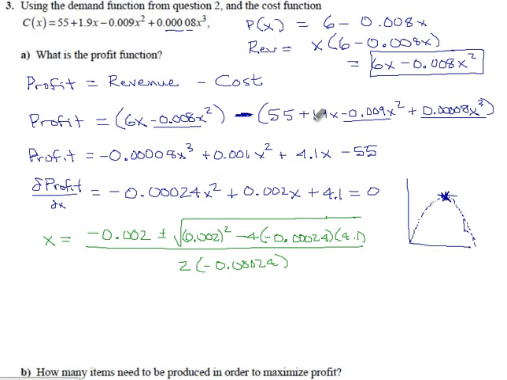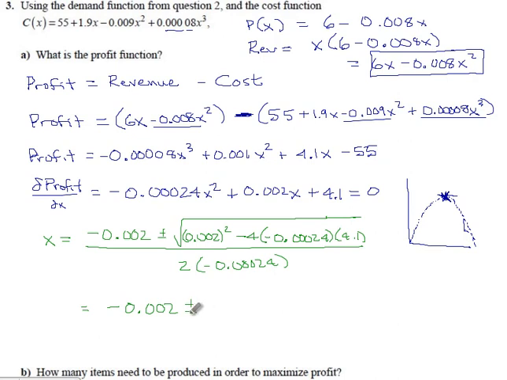Now comes the calculator. 0.002 squared. Those minuses cancel, so I'm putting plus 4 times 0.00024 times 4.1. So outside the radicand I have 0.002 plus or minus.